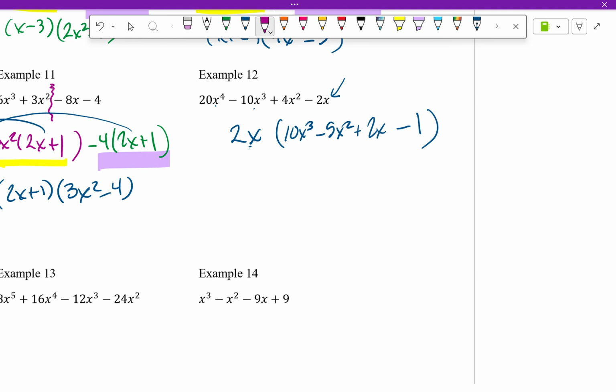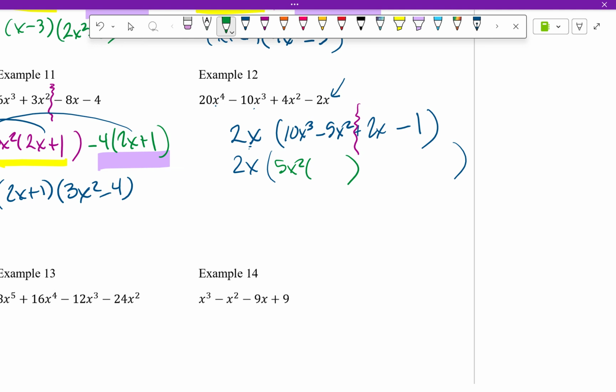Negative 1. Okay, now we do the Ballard squiggle in the middle, right? We have to be careful and drop down that 2x. All right? I'm going to do a weird big set of parentheses so I don't mess this up. Okay? I'm going to do all my grouping stuff in those parentheses. Okay? What is the greatest common factor in this first half? 5x squared. Good. Thank you. All right.